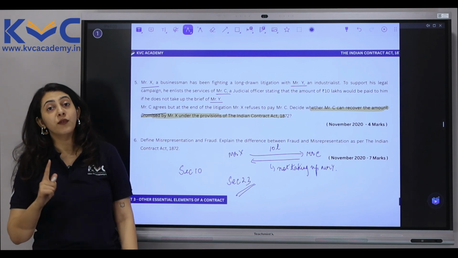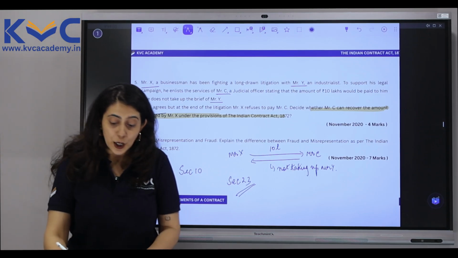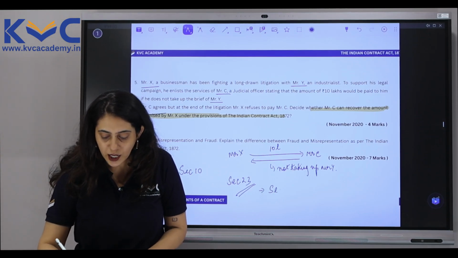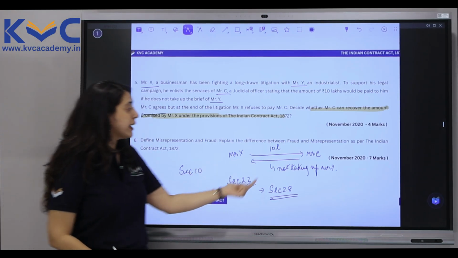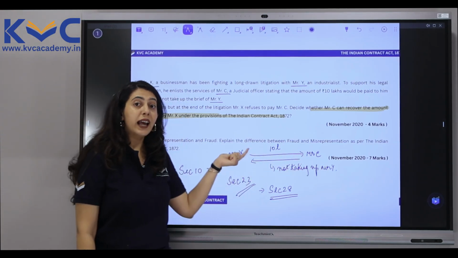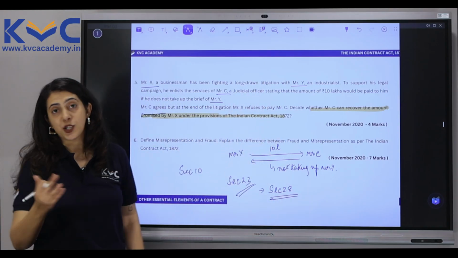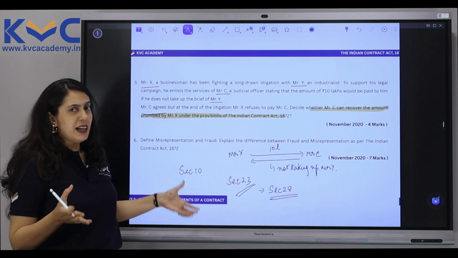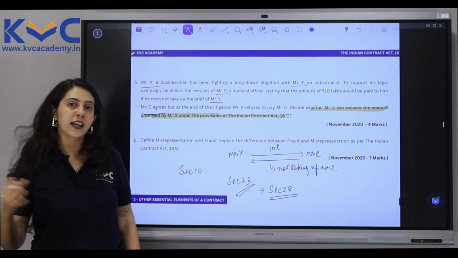Further, you have studied one more section, agreement in restraint of legal proceedings, section 28. Here, the agreement that was entered into between X and C is where X stopped C from taking up the case of Y, which is again unfair. So, the result is, can C recover the amount promised by Mr. X under the provisions of the Act?